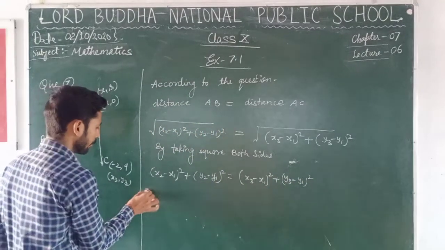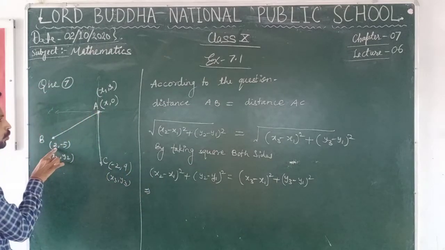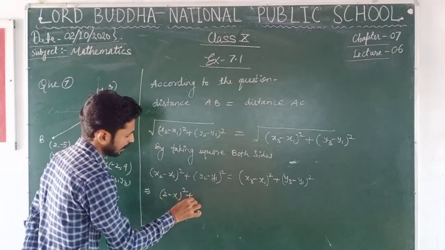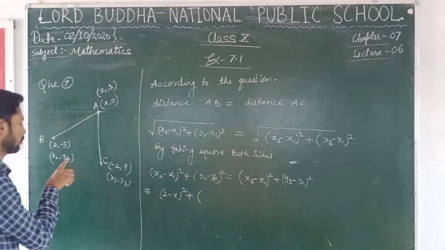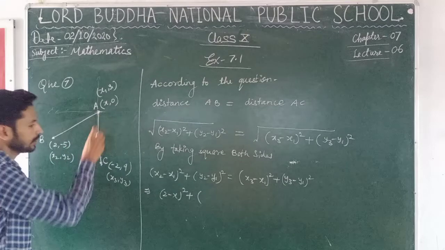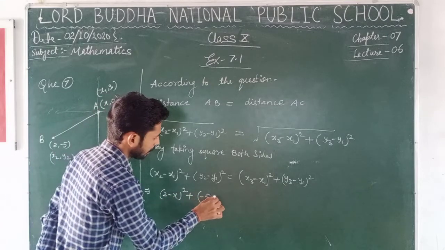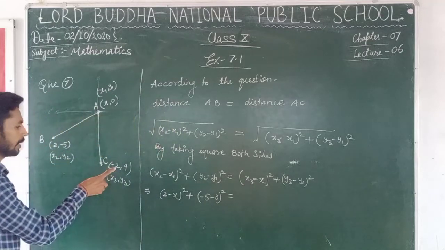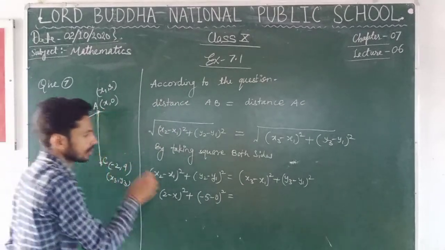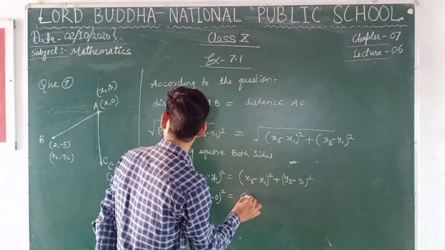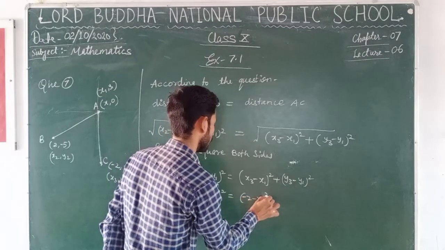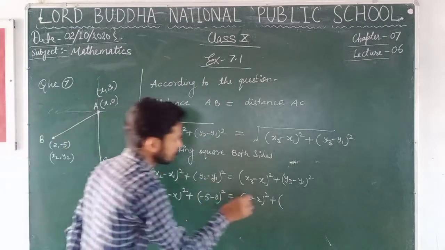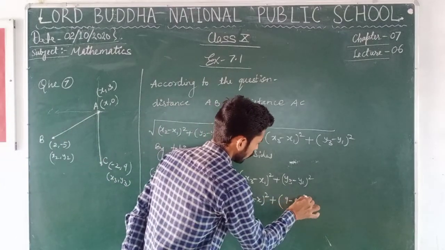Here x2 is 2 and x1 is x, so (2 minus x) square plus (y2 minus y1), where y2 is minus 5 and y1 is 0, so (minus 5 minus 0) square, equal to x3 which is minus 2 minus x, so (minus 2 minus x) square, plus y3 which is 9 minus 0, (9 minus 0) whole square.